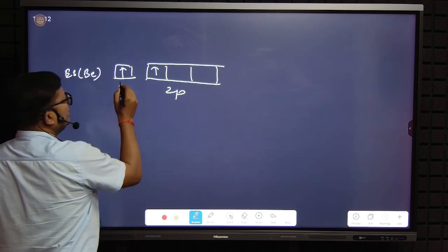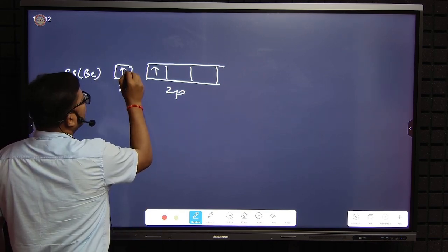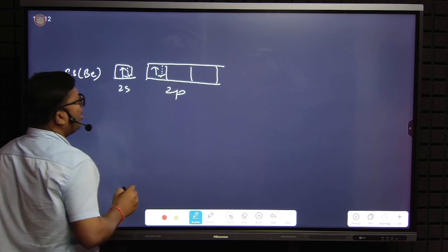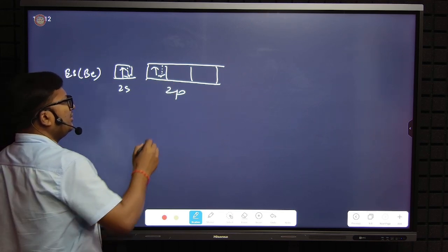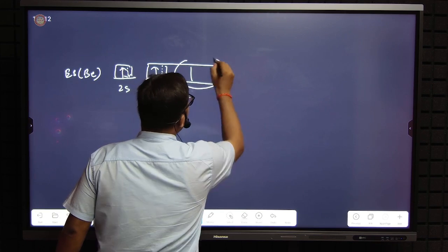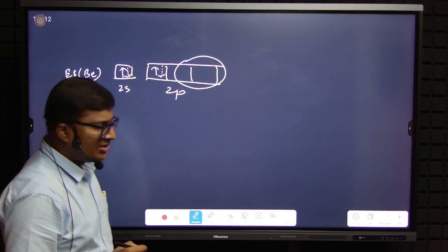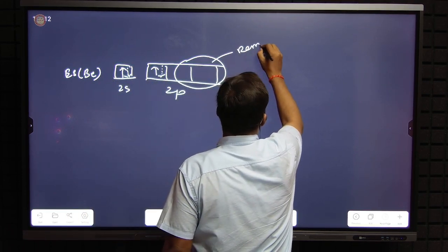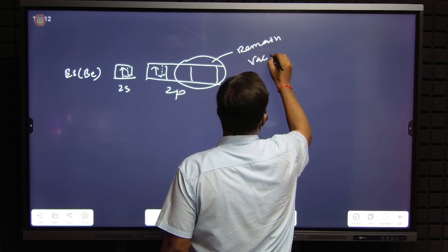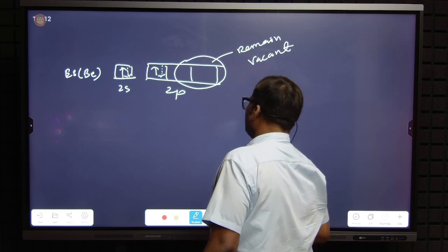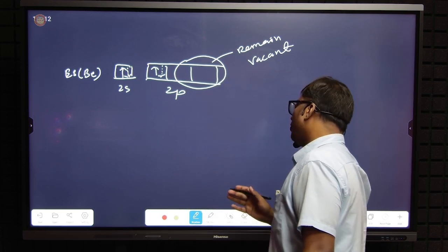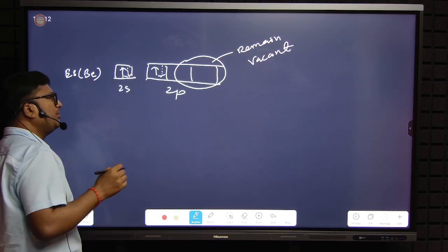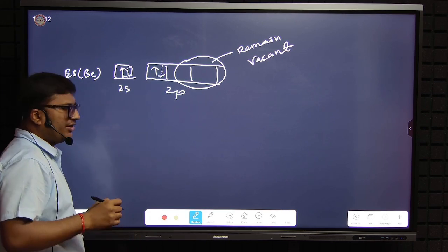Once they form a covalent bond, pairing occurs, and still these two orbitals remain vacant. So the octet rule is not complete in case of beryllium. Around the beryllium, there are only 4 electrons in the valence shell.